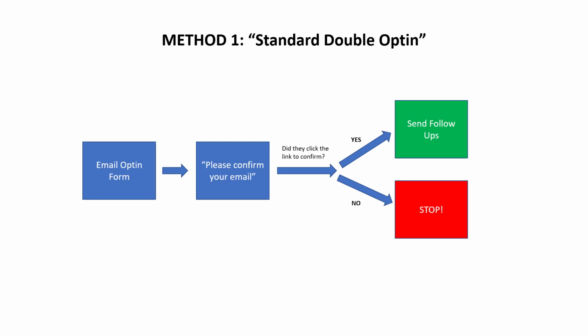Now this is what I use in my business. It's very simple. It does reduce the number of subscribers, on purpose, because we want to keep bots away. But it does ensure quality over quantity. And a lot of big companies do this. You've probably experienced it yourself.